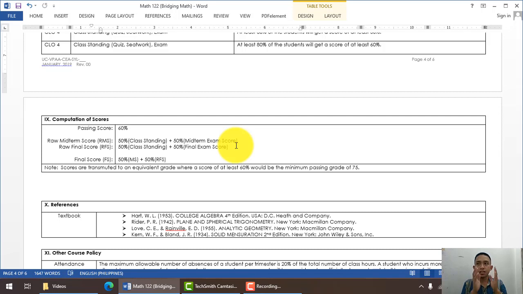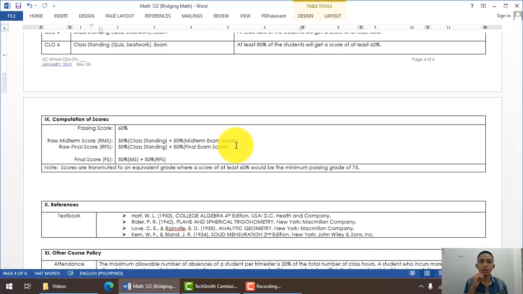But that score is not as is your grade. In the University of the Cordilleras, we have a transmutation of grades. Let's say the combination of all your scores is 50; it doesn't mean that your grade is 50. Because in our grading, failed means having a score of less than 60%.